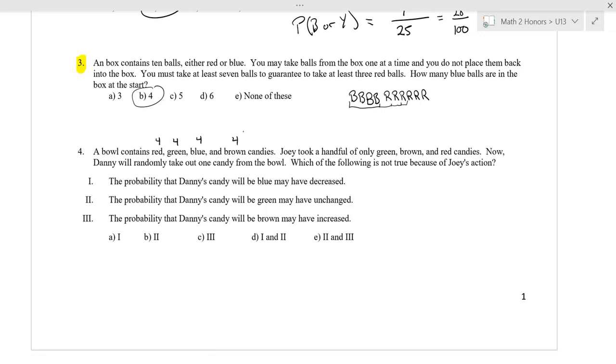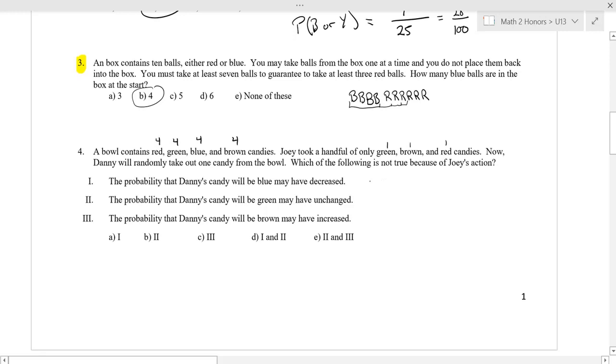If you took a handful of just the green, the brown, and the red, so that means the green, the brown, and the red would go down, but the blue would stay the same, right? So let's say, for example, they took one of each of those. So if they grabbed one green, one brown, one red, what would happen?